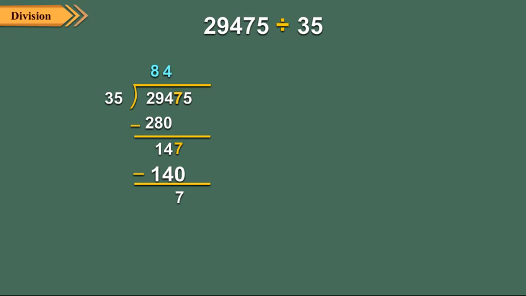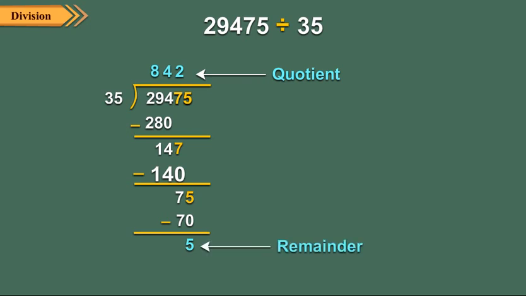Again, bring down the next digit, that is 5, to the right of the remainder 7. The number formed is 75. Divide 75 by 35. Quotient is 2 and remainder is 5. So we get quotient is equal to 842 and remainder is equal to 5.